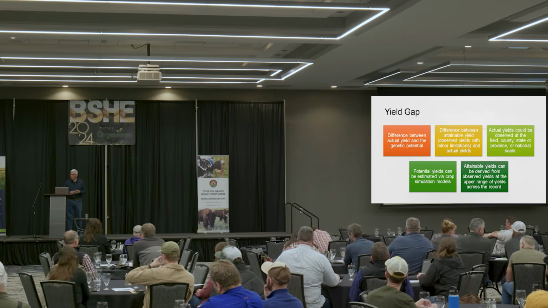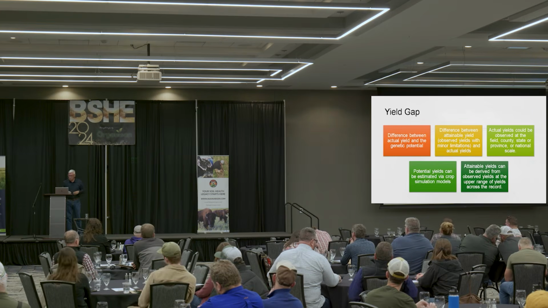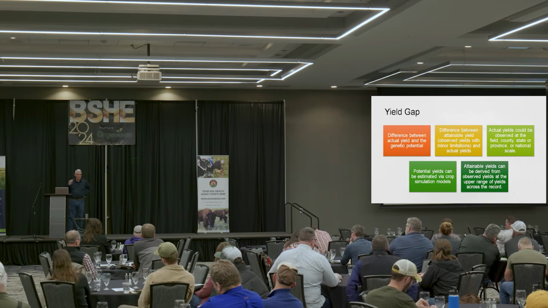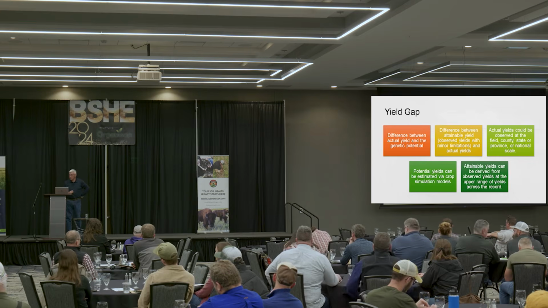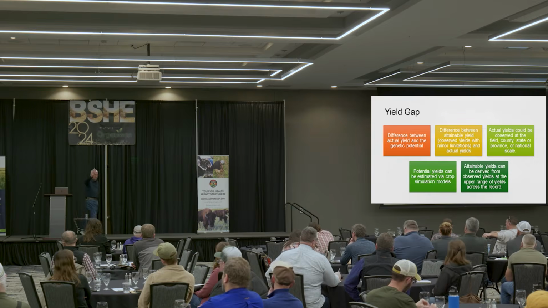Every field and every farm has an attainable yield. That's the yield in which we have minimum impacts. That's at best year, and I found that producers remember 3 years. You remember your best year, your worst year, and last year.